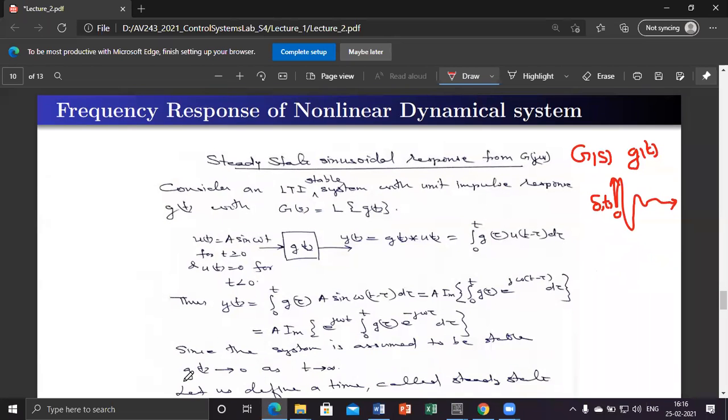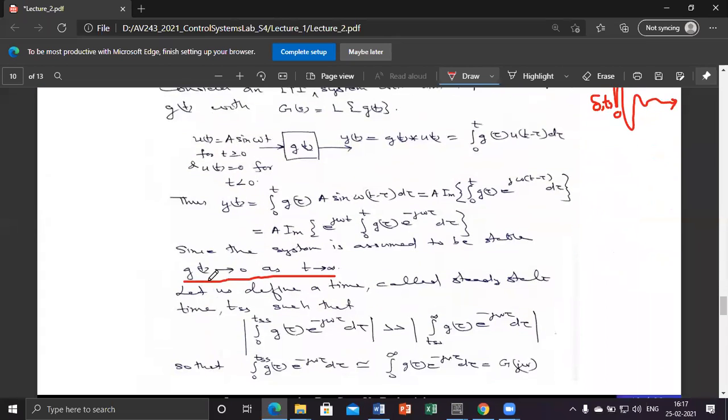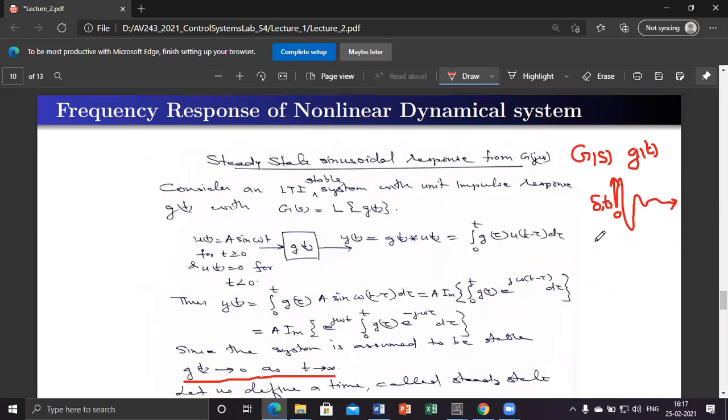Since the system is assumed to be stable, g(t) tends to 0 as t tends to infinity. That is the definition of stable system. If you perturb the system from its equilibrium point, it will come back to its equilibrium point as t tends to infinity. That's all.